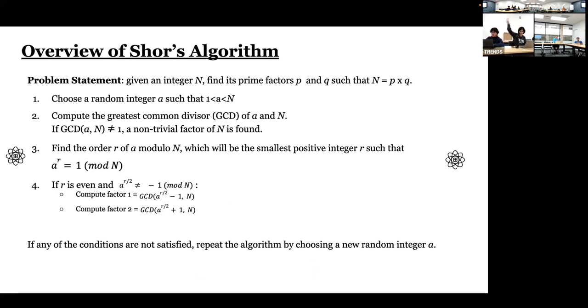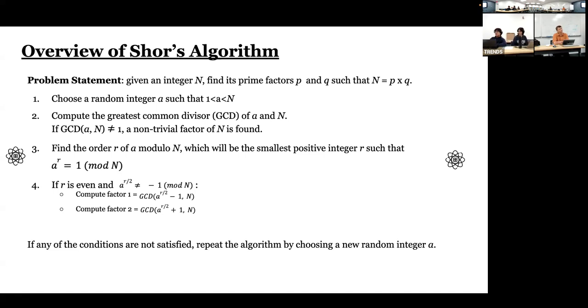Again, we have the problem statement: you have an integer n, find its prime factors p and q such that n is equal to p times q. Step 1 is you choose a random integer a. And n is the integer itself, for example 564. It's the size of the integer itself, and log n is the size in digits.